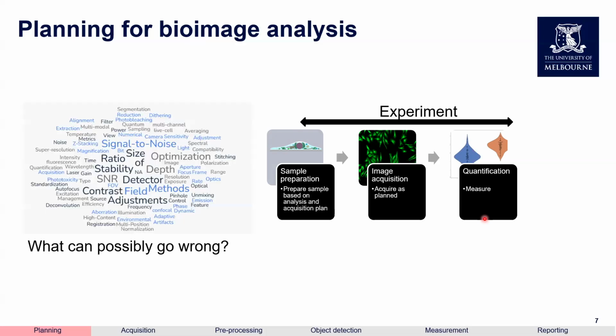But the caveat is, at the same time, there are a lot more things that we have to consider. And the most common mistake is that we often neglect this complexity, ending up analyzing data incorrectly or repeating the entire experiments. So we need better planning.